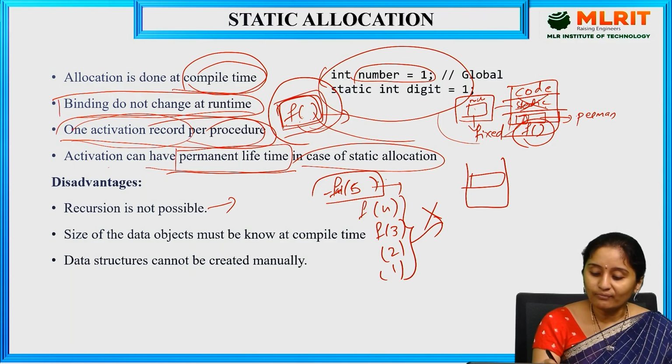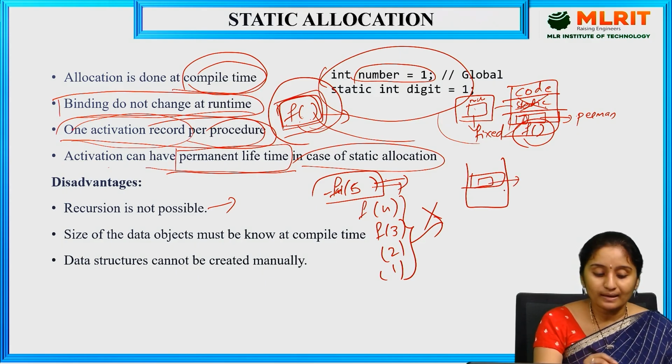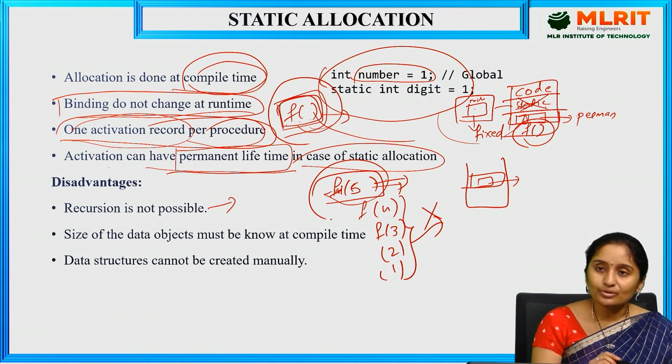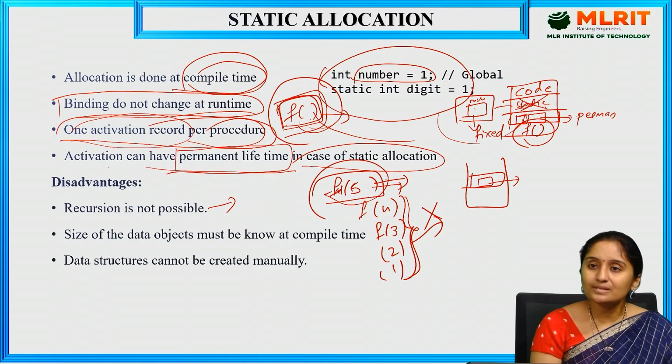Because for one procedure only one activation record will be created, and it will be deleted only when the function's execution is completed. That is the reason recursion is not possible. Whenever I call the same function, the memory won't be sufficient. So recursion is not possible in static allocation.